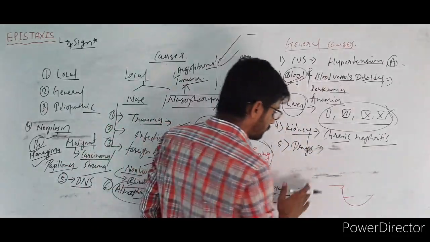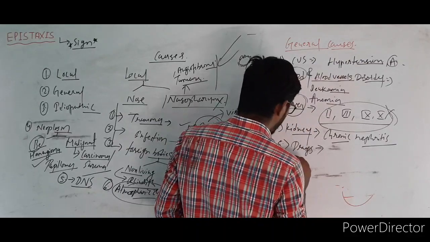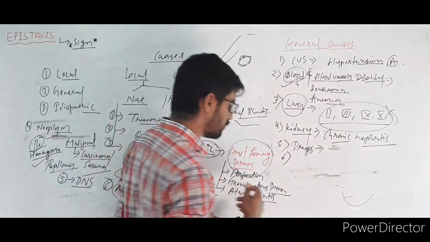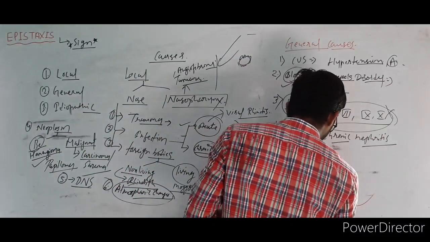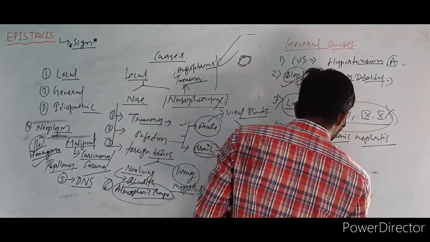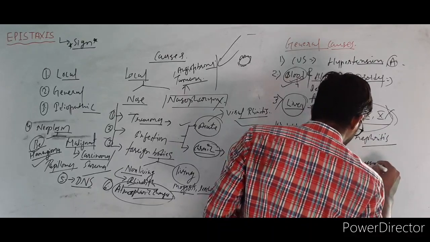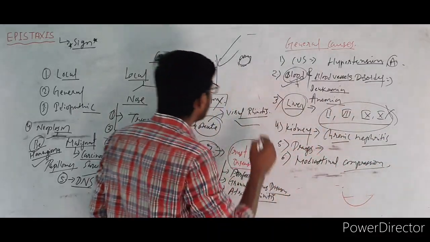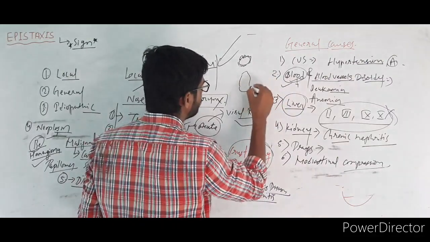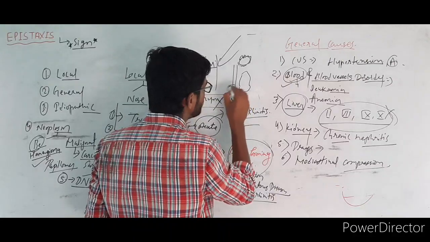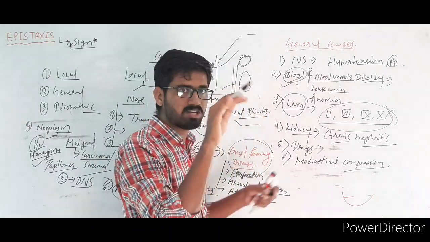Now one thing is mediastinal compression. For example, here is your heart and here is your sternum. You know the anatomy of the mediastinum.